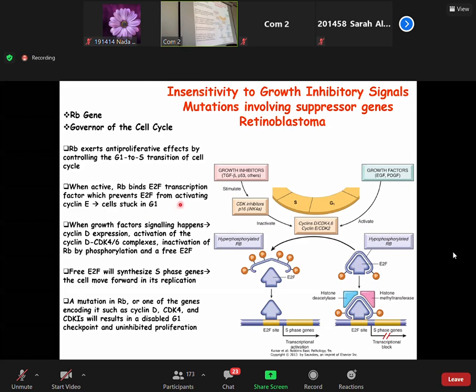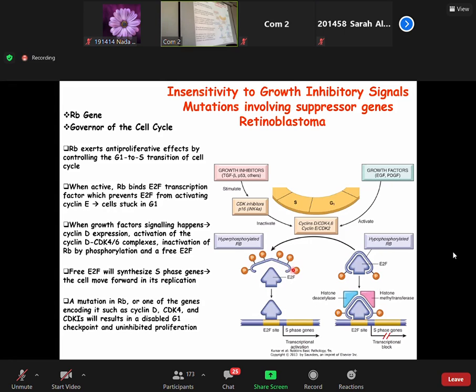Now, what's going to happen, in normal conditions, when there is a growth signal that is coming to the cell in the form of a growth factor, the epidermal growth factor, the platelet-derived growth factor, it is going to activate the cyclin D and the cyclin-dependent kinase complexes. Those are going to hyperphosphorylate the retinoblastoma gene, adding more phosphorus molecules to the retinoblastoma gene.